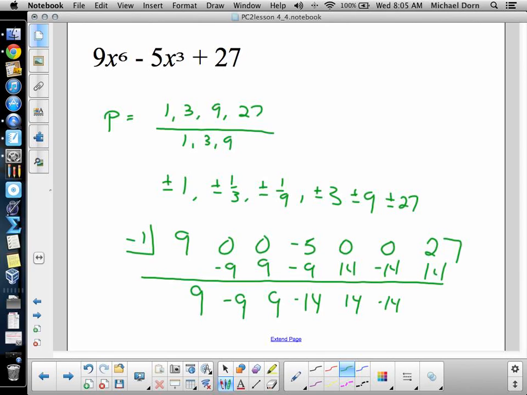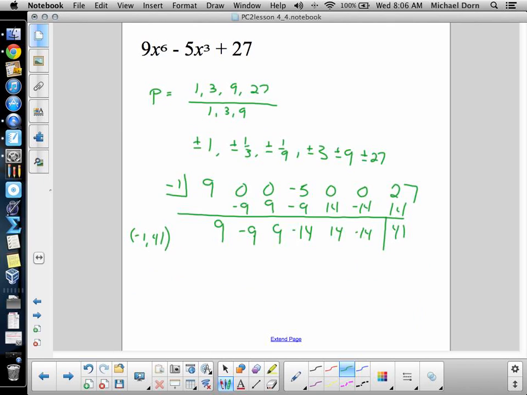Positive 14. And 41. It's not a 0. I did not find a root. However, I did find that the point negative 1, 41 is a point on this function. Okay, so I'm not completely empty-handed.